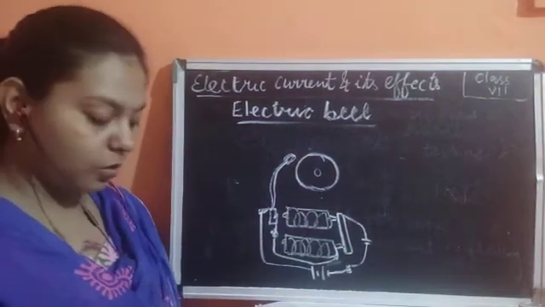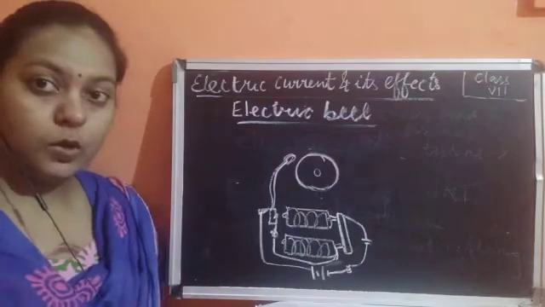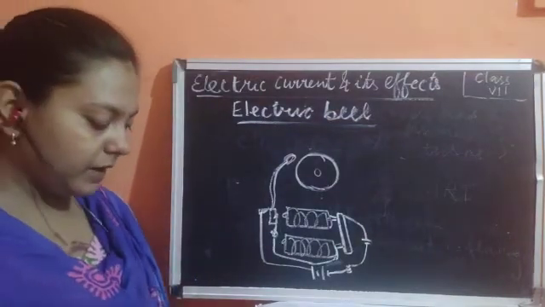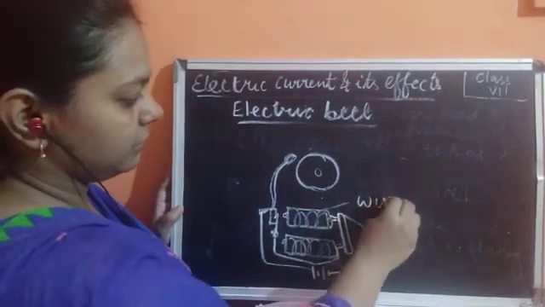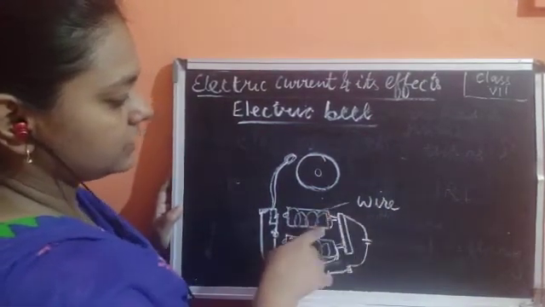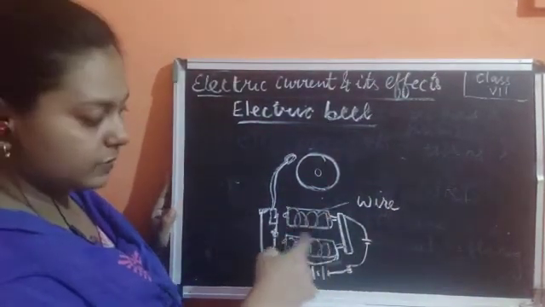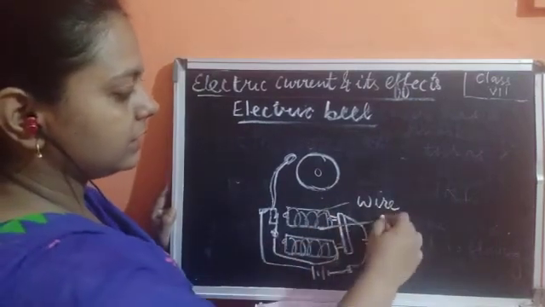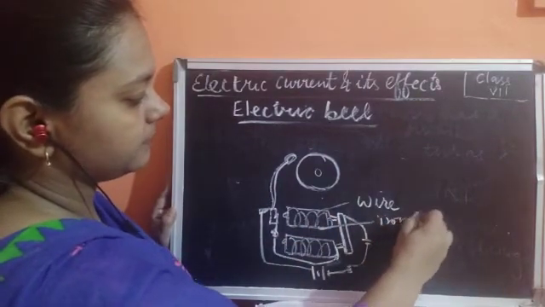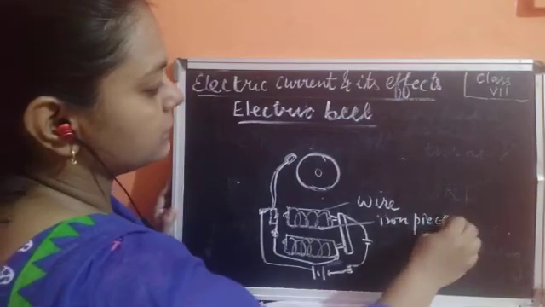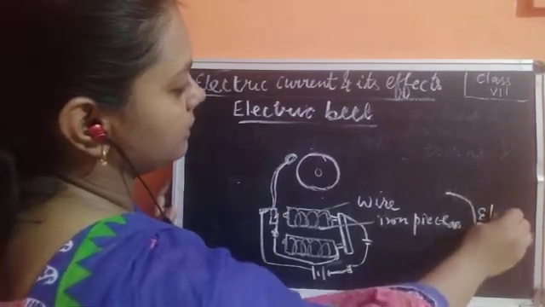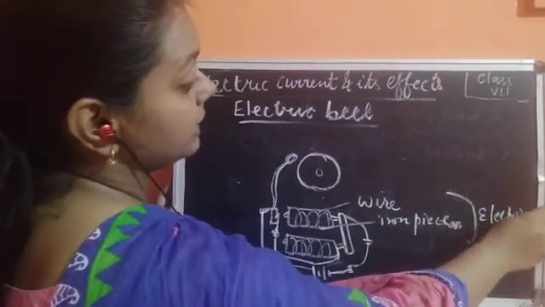It consists of a coil of wire which is wound on a piece of iron. These rectangular structures over here are the iron pieces, and this behaves like an electromagnet.